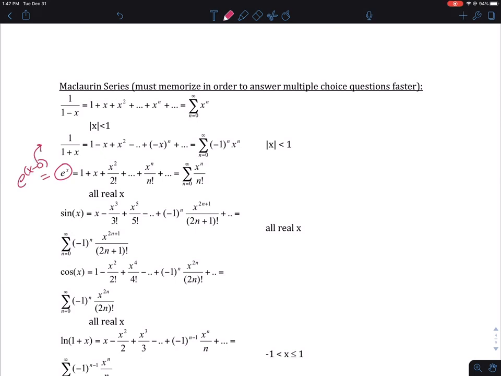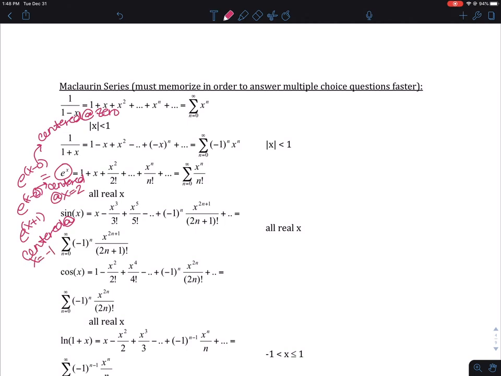So we say that this is centered at 0 because I could have had e to the x minus 2, for example, and then that would have been centered at x equals 2. Okay, obviously if I had e to the x plus 1, this would be centered at x is equal to negative 1.